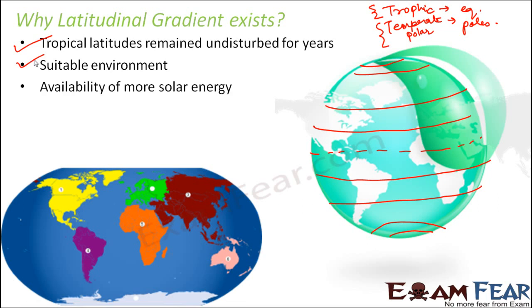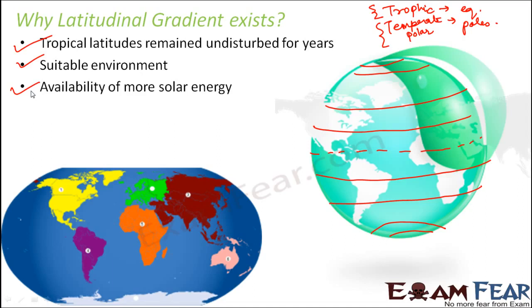Third is the availability of more solar energy. If you look at the location of the polar regions and the location of the tropical regions, you will see that the regions located near the equator, because of their location, tend to get more solar energy. The sun is the main source of energy for the survival of all life forms on earth.